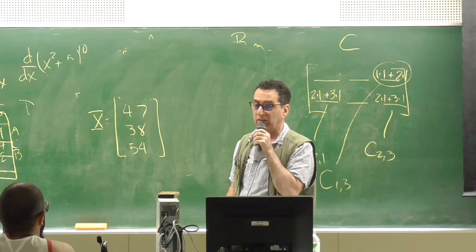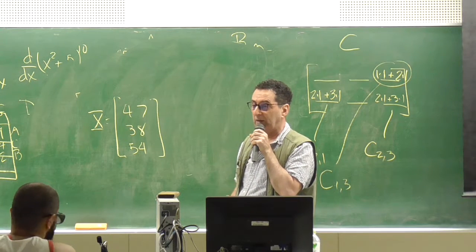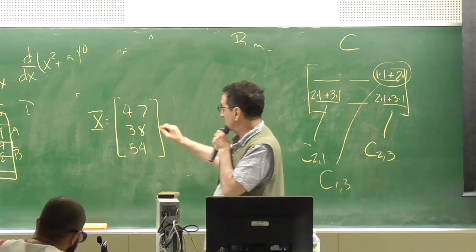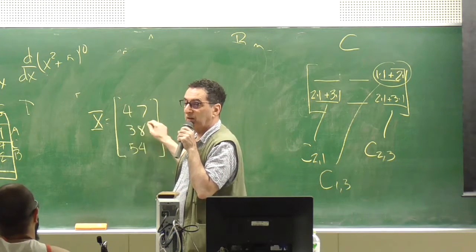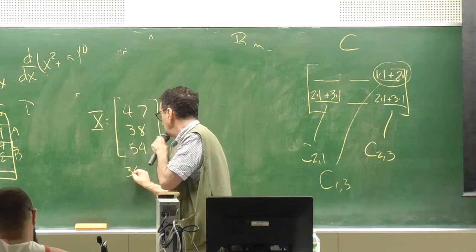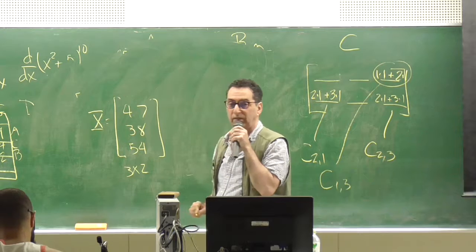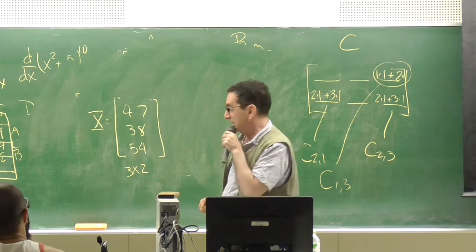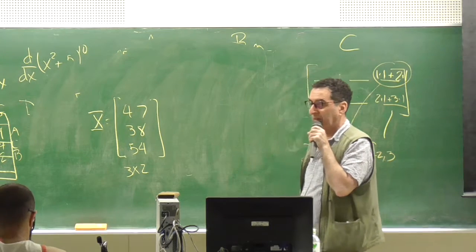How many rows? 3. And how many columns? 2. So X is a 3 by 2 matrix, right? Everyone agree? Is this clear? You're with me or not?